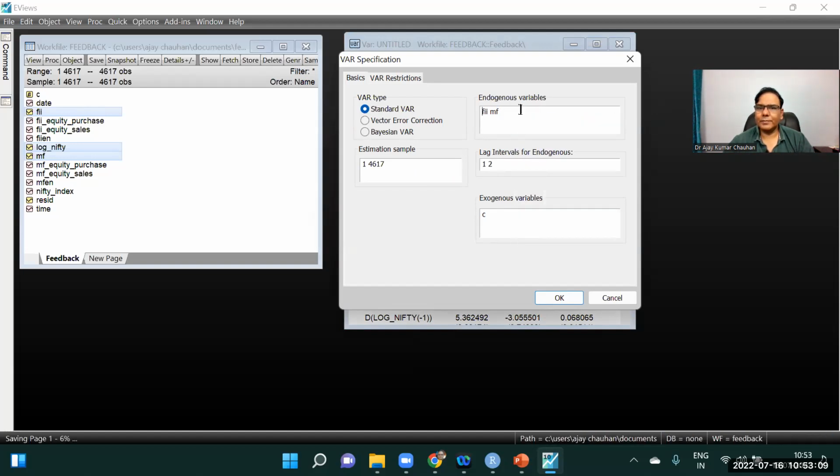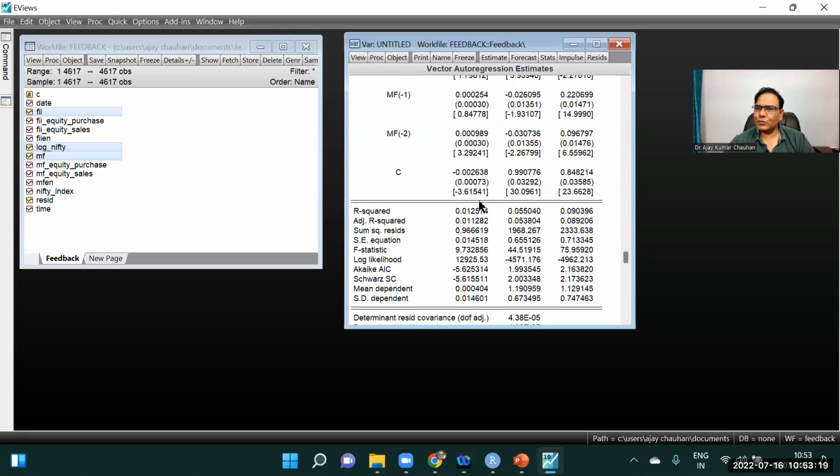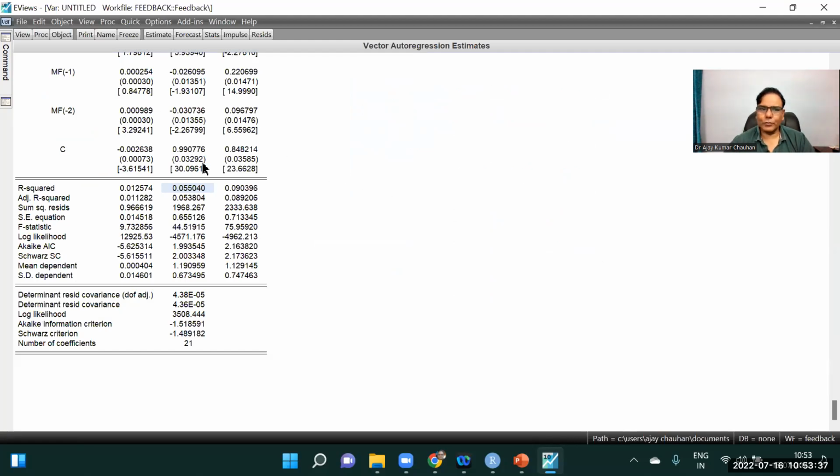So I cut it and put it here, because it is most exogenous. Let's see again. The least R square should come first, then increasing R square. So the R square of each variable should be more than the previous one. So this is the simple case of ordering of the variables, and we have to recheck it also.